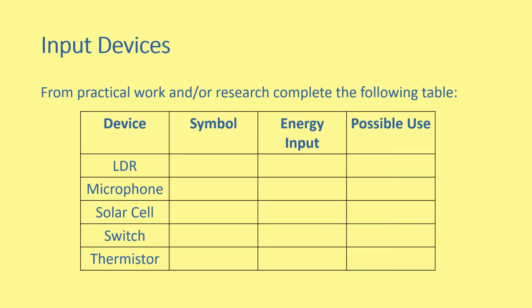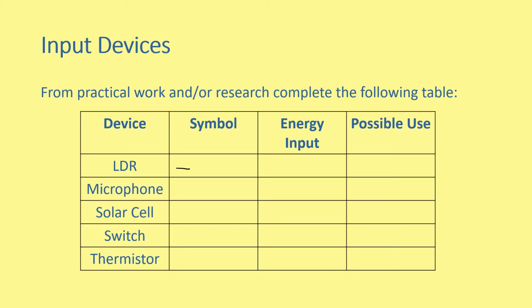From practical work and/or research, you should be able to complete the following table. For each of the devices, you should be able to provide the symbol, the energy input, and a possible use. So the LDR is a light-dependent resistor.